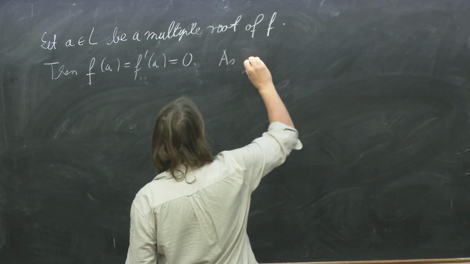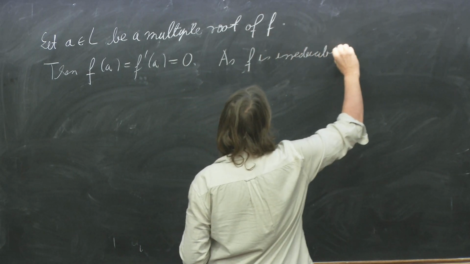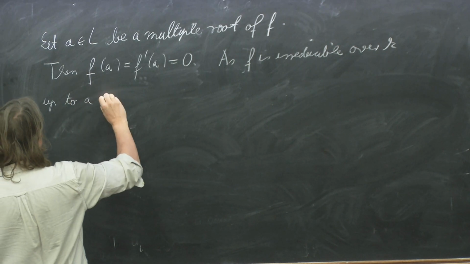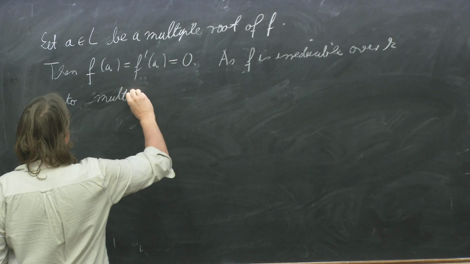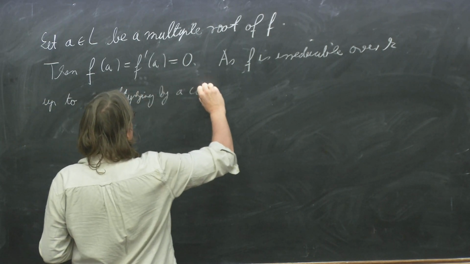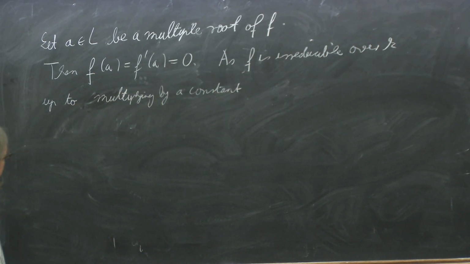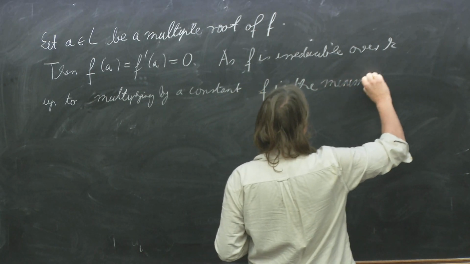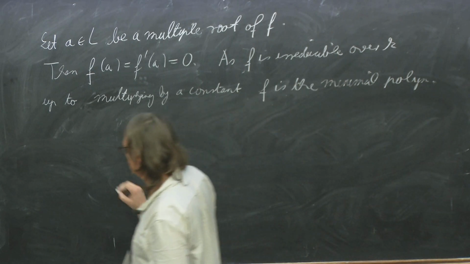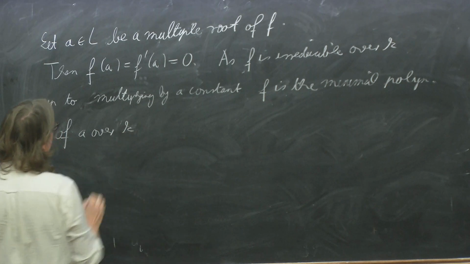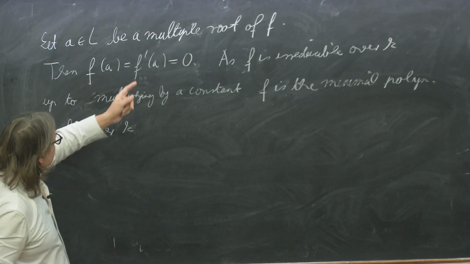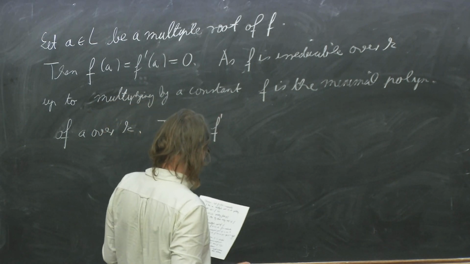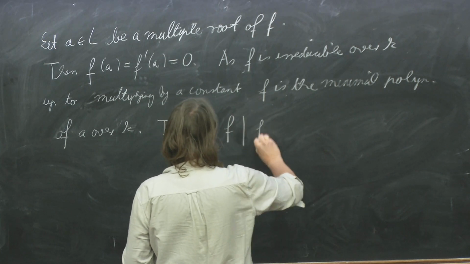So as f is irreducible, up to multiplying by a constant, f is the minimal polynomial of A over K. But we know that that means every polynomial which vanishes at A is a multiple of f. Thus, f divides f prime.